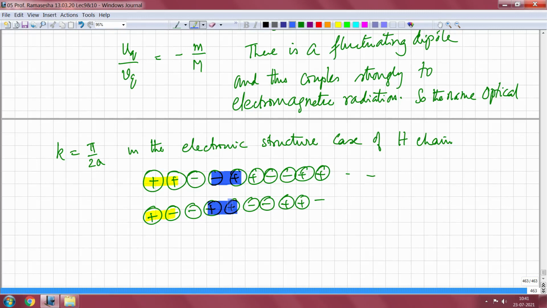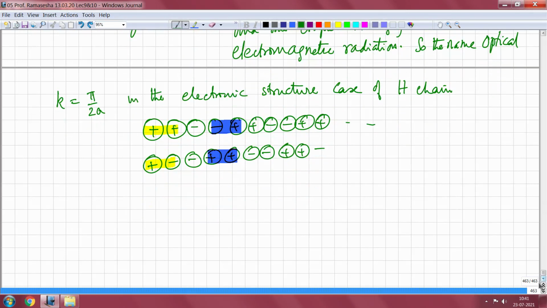Supposing you make a distortion of the chain, then the bonding and the anti-bonding you cannot interchange because they become unique, since the interaction between plus minus here will be different from the interaction between plus minus in this case. That we discussed in detail while discussing the energy band theory.